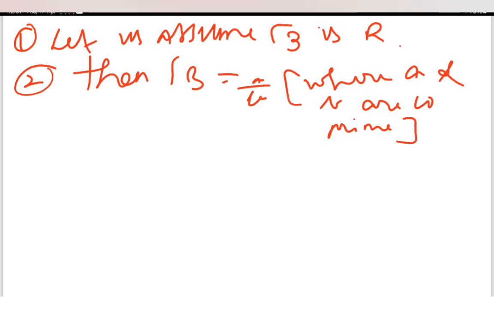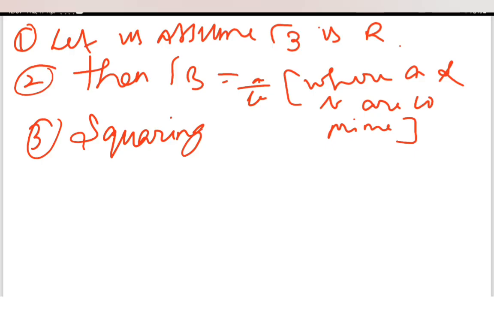Don't worry, I will give all these statements in the description. The third statement would be squaring on both sides. The fourth statement would be, there is no calculation in the sum, you have no need to worry. Only the statements play an important role.